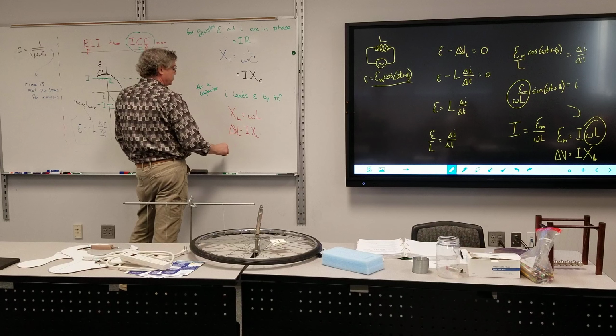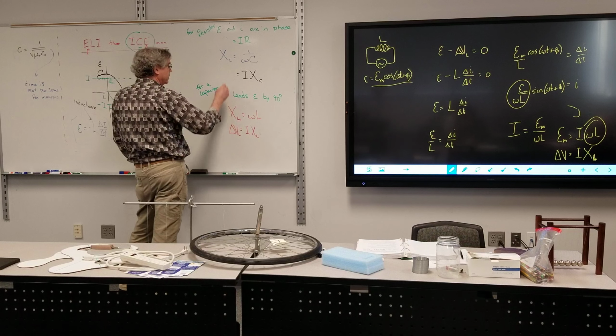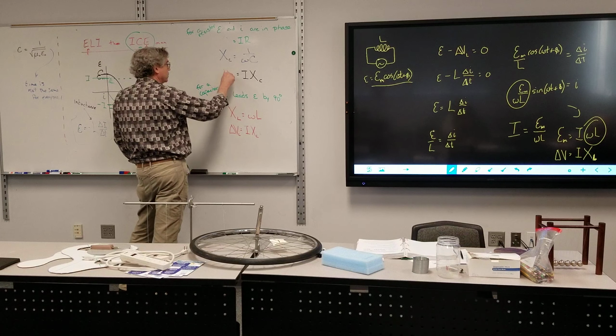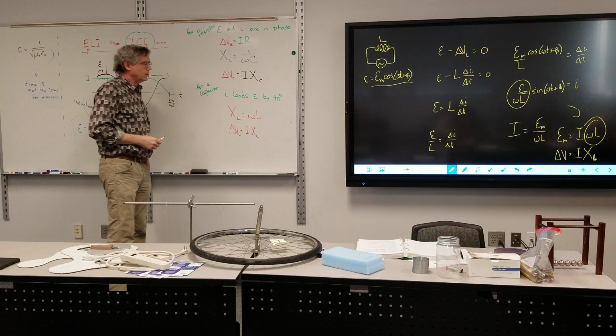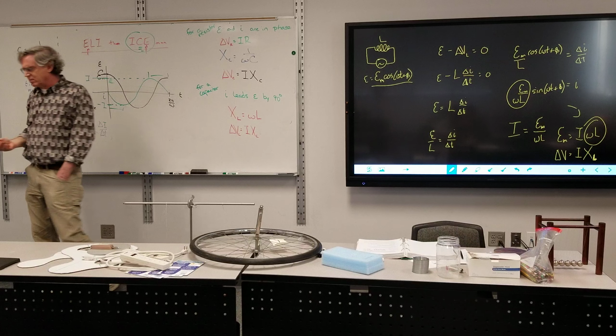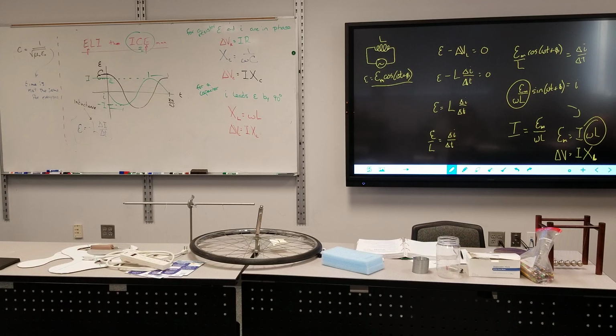This is the maximum voltage across the inductor. This is the maximum voltage across the capacitor, and the maximum voltage across the resistor. I think if we left it as epsilon sub m, that's going to get more confusing as we start adding these components together in some combination.